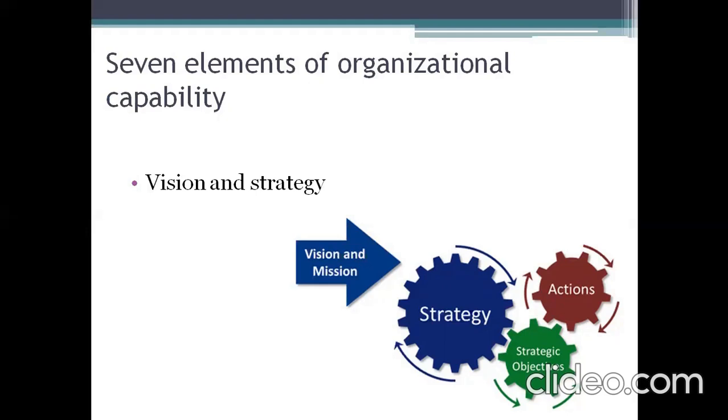Now, vision and mission are the inputs for the individuals who are making the strategy and taking the decisions. So definitely, whatever strategy you make has to be oriented towards the achievement of the objective, and has to be in line and synchronization with vision and mission. Let me give an example.